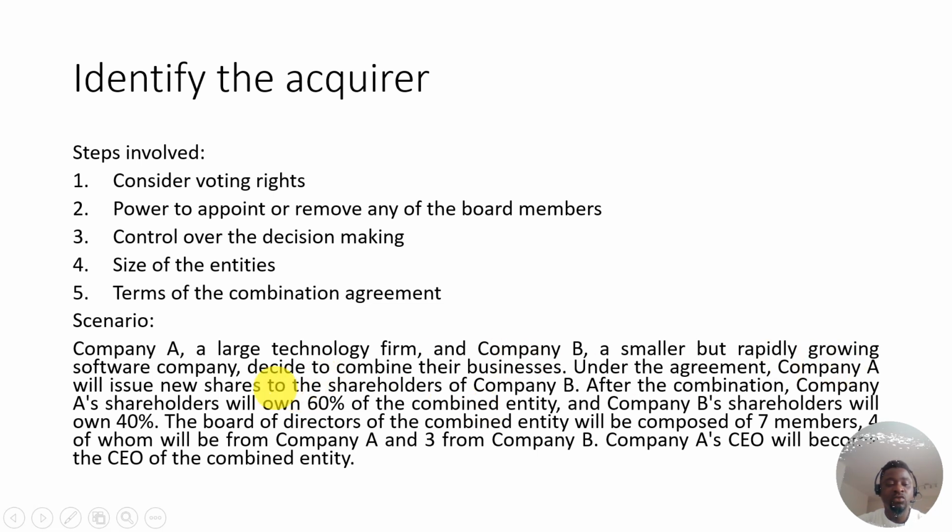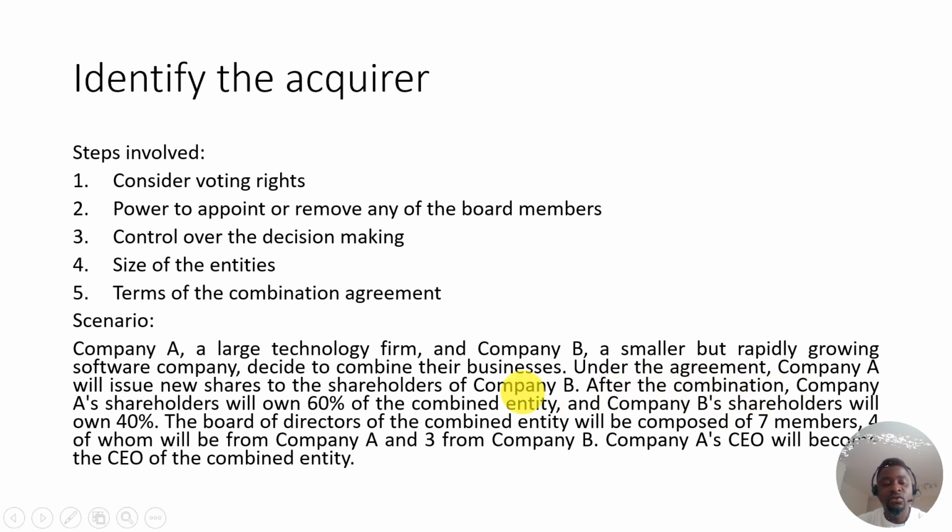Company A will issue new shares to the shareholders of company B. And when I was talking about it, I made mention of, under these terms of the agreement, maybe issue of shares to the shareholders of the subsidiary. So from there we could see something, but I don't want to say what it is at the moment.